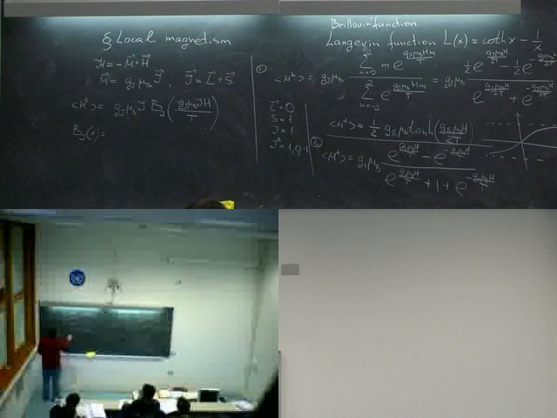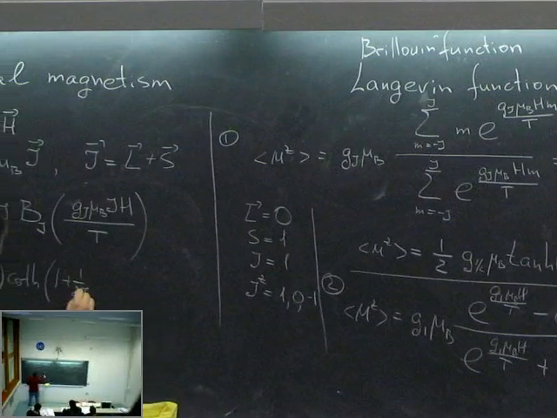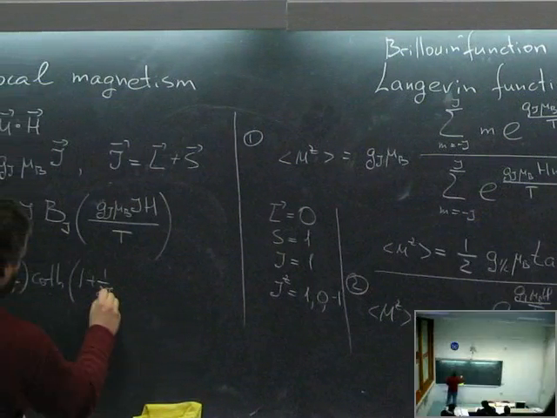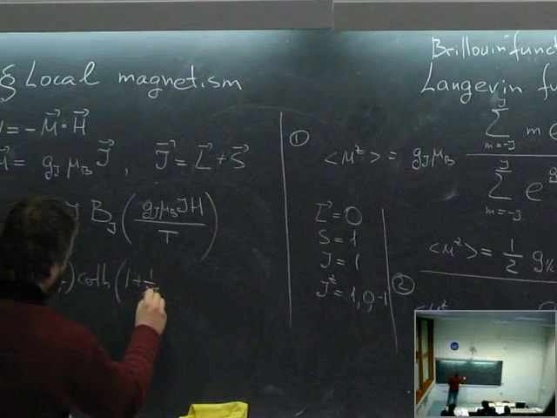It's (1 + 1/2j) coth((1 + 1/2j)x) minus (1/2j) coth(x/2j).